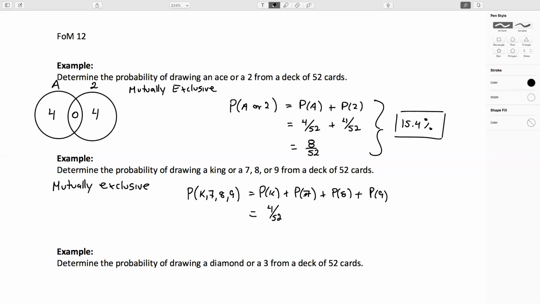There's 4 7s in the deck, so 4 over 52 for our second probability. There's 4 8s, 4 over 52, and there's 4 9s. So each of these is equally likely. If we add them all up, we will get 16 over 52. That's our total probability, which leads to approximately a 30.8% chance.